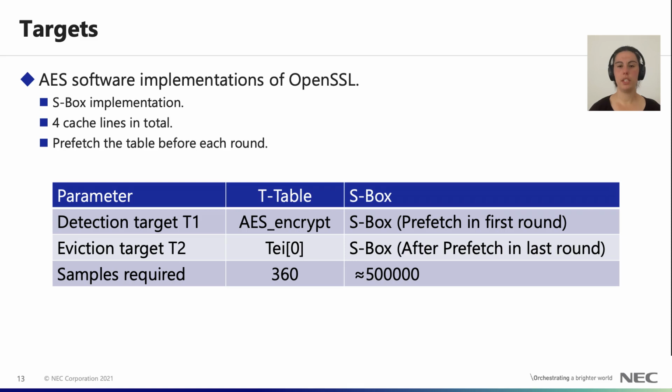We have also tested this approach against the popular T-table implementation and shown that further control of the eviction implies a reduction in the number of samples required to retrieve the secret key.